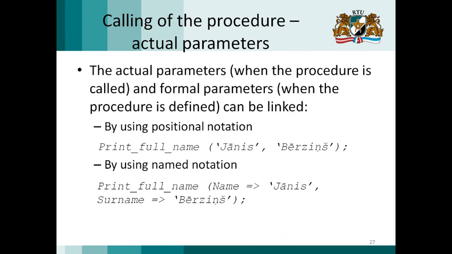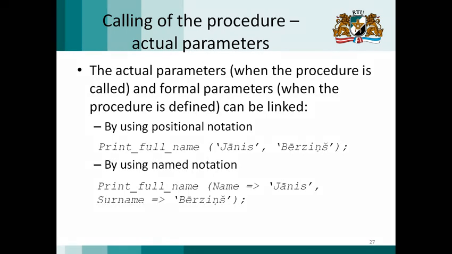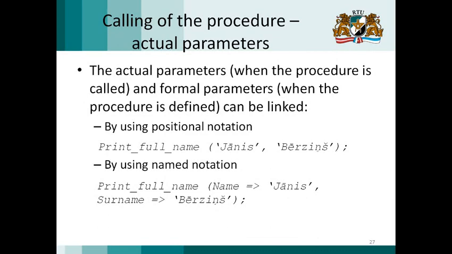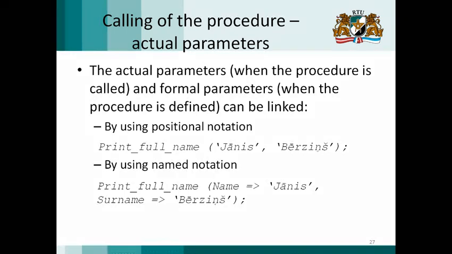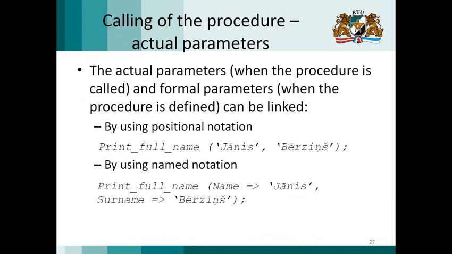We could also switch them, so the surname would be first, and the name would be second. It would not matter. It would work in both ways. But if we just exchange these two values, then it would be considered that this Bēziņš is a name and Jānis is a surname. And if they have different types, not varchar2 both, then the procedure wouldn't work at all.